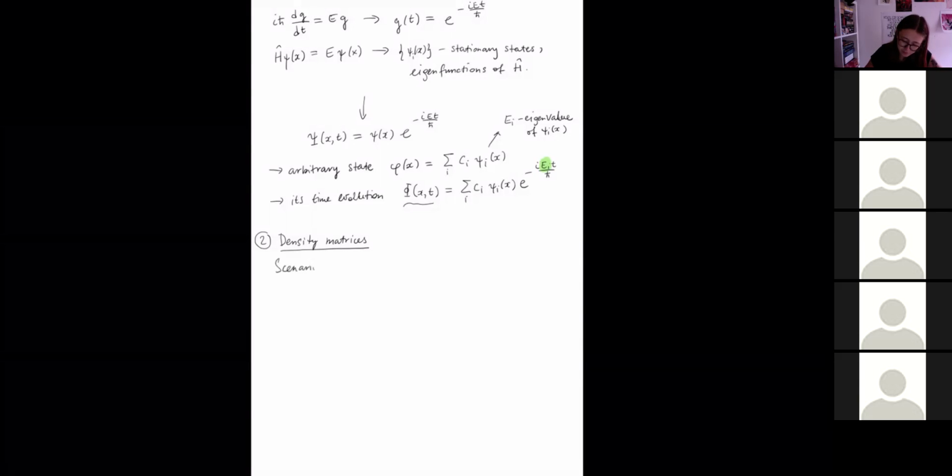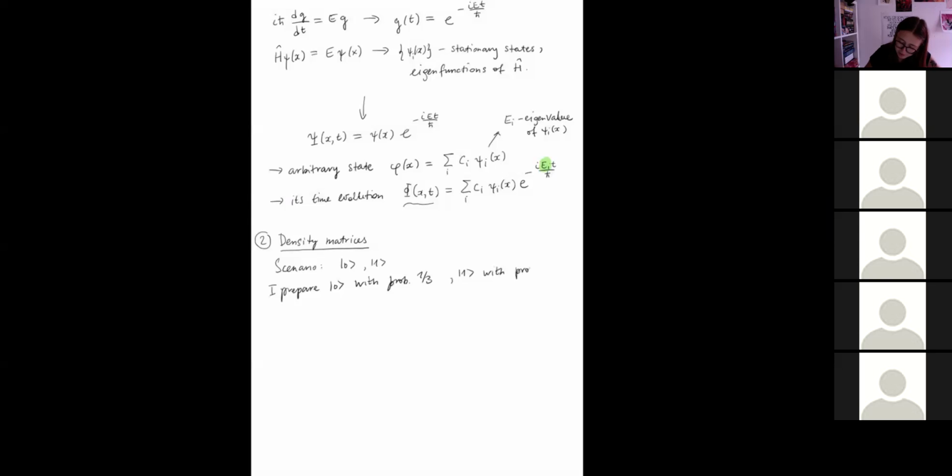Let me label this as a scenario. Suppose that I have states 0 and 1, and I prepare 0 with probability 1/3 and 1 with probability 2/3.